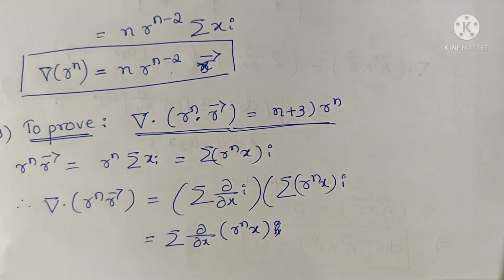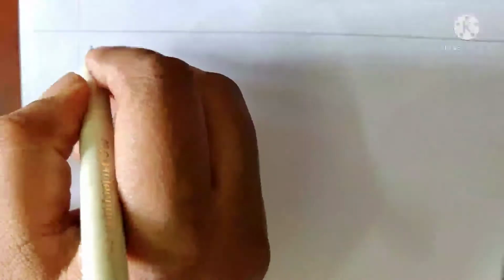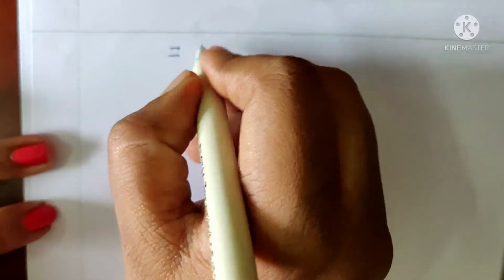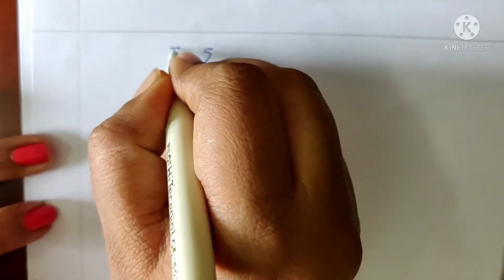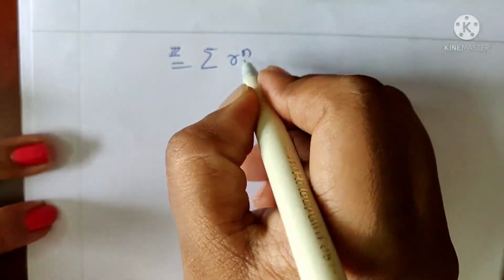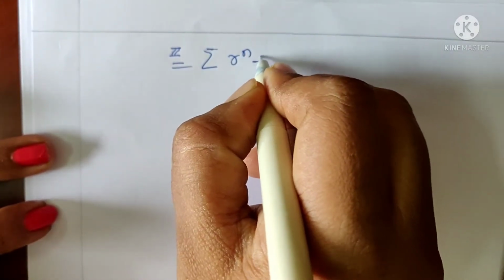So then partially differentiate r^n x, then it is summation of r^n, product rule.